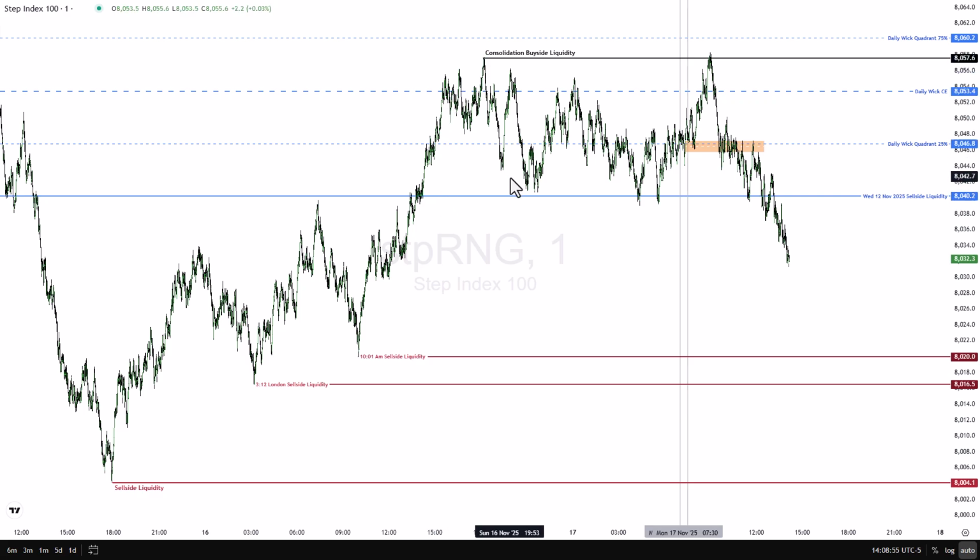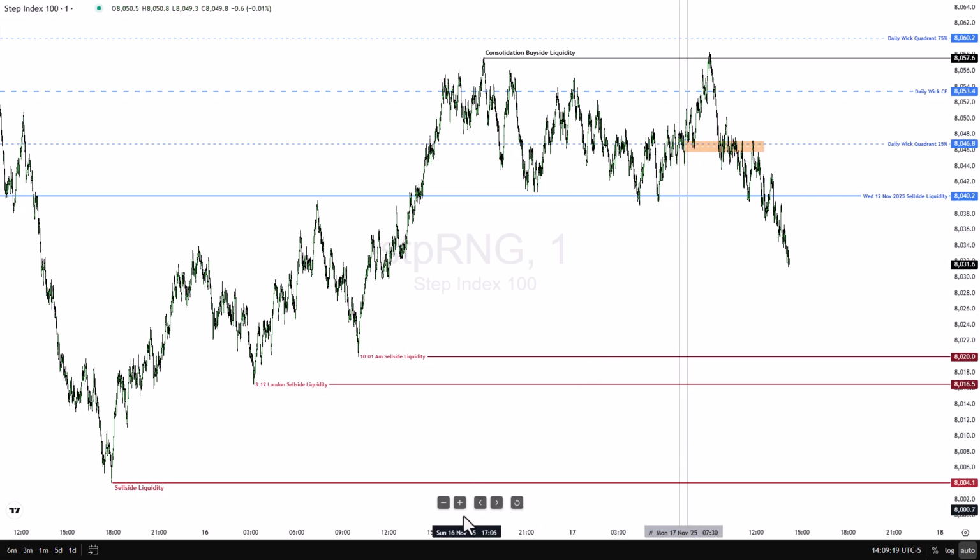We had this gyration of price action between these daily key levels. Here is the New York opening range of the 17th of November. All right, price action used the 25% to go up. It used that particular level.